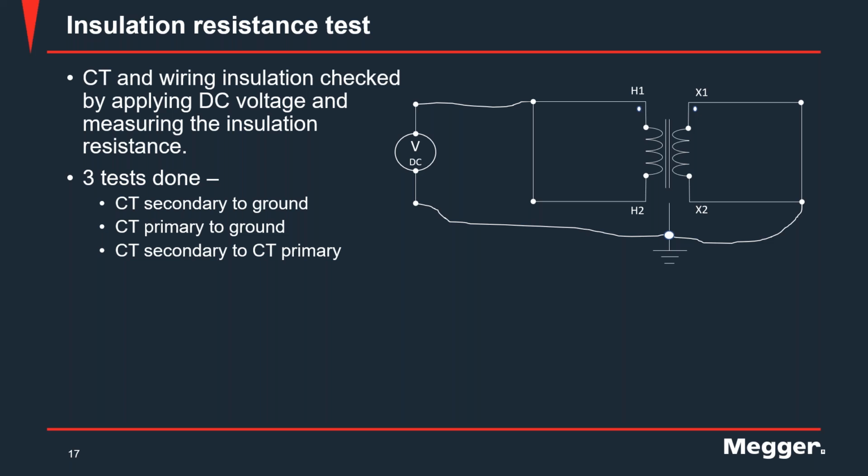That is a note from the standard, and the idea is that if the CT is manufactured to that standard, it should comply with that. And the manufacturer will verify these when they manufacture the CT.